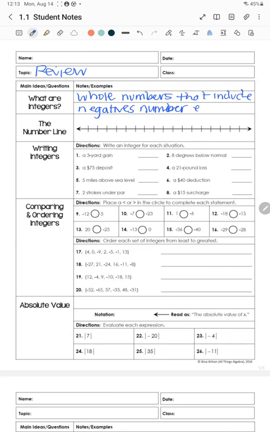An example would be 0 is a whole number, 1, maybe -2. Obviously, these aren't in order, and -5. Okay, so integers are whole numbers. They can't be fractional parts or include decimals. They have to be whole numbers. And forgive my writing, I will get better at it as we move on.